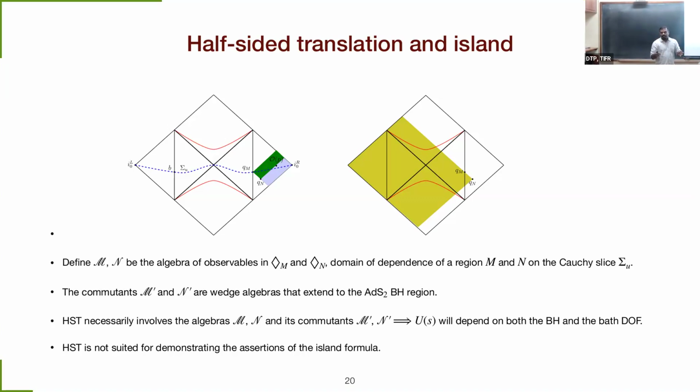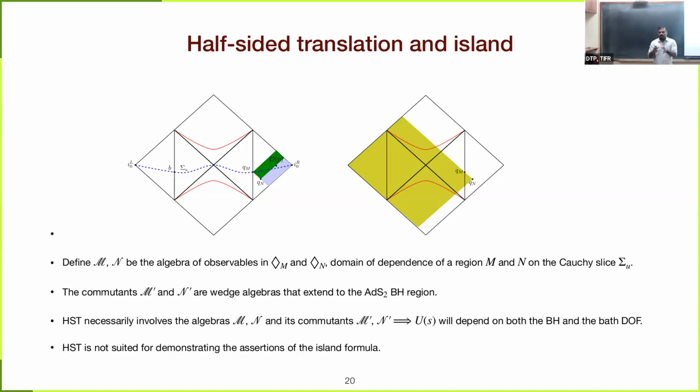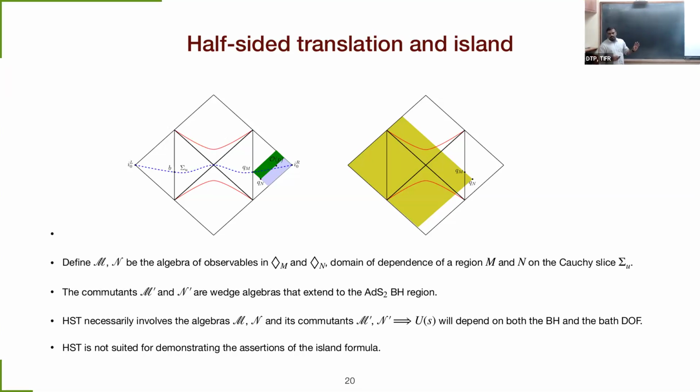You can't use half circle translation to study the island paradigm, because the island paradigm requires differentiating the path degrees of freedom and the black hole degrees of freedom. You should come with an operator constructed only using path degrees of freedom and do the reconstruction. Otherwise, you are not doing the island thing, you are outside the island paradigm. So half circle translation, or the Leutheusser and Liu proposal, cannot by itself be used for the island paradigm.